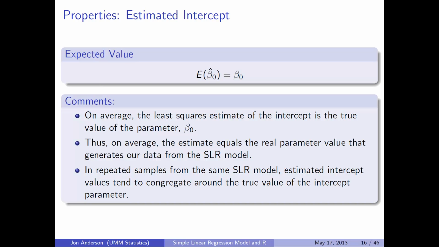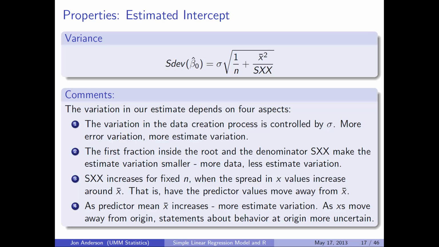Same kind of properties are true for the intercept. On average, the intercept estimate tends to be whatever the truth is back in the data generating system. That's, again, a very desirable feature. And for the standard deviation, you will notice that uncertainty or standard deviation goes up when the error generating part of the noise and the randomness in the system, sigma, goes up. You will notice that this standard deviation goes down when there's more data, n, and there's more data n going into the SXX, and that makes that smaller as well.